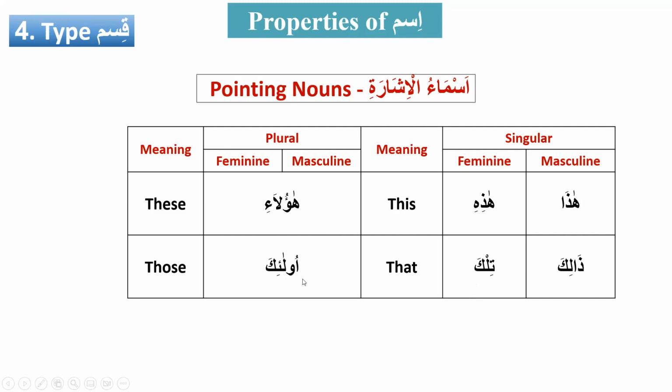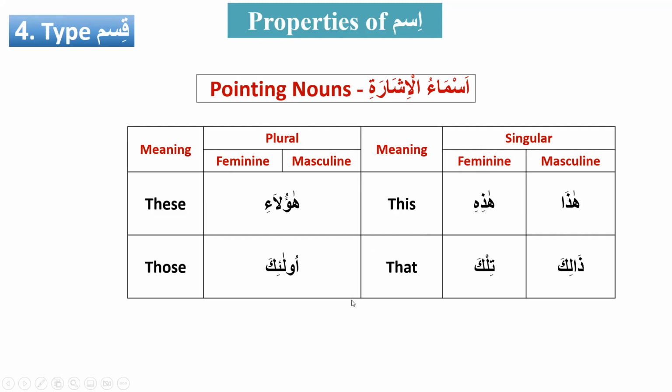So in that sense, they are a little bit special words, right? For example, tilka is feminine, but doesn't have any of the signs of being feminine. So it is feminine without even having a sign of femininity. So you have to be careful when you are determining the gender of a pointing noun, okay? You have to treat them separately, differently.